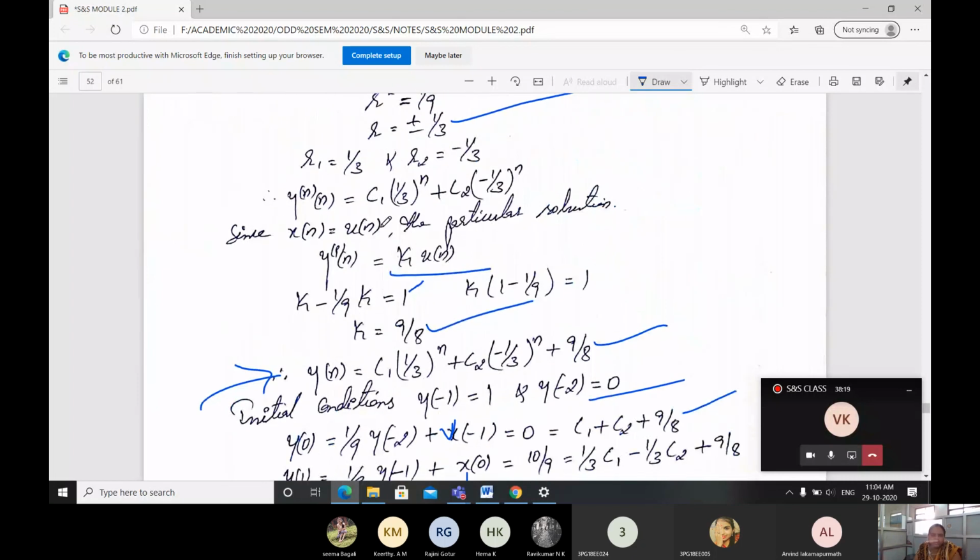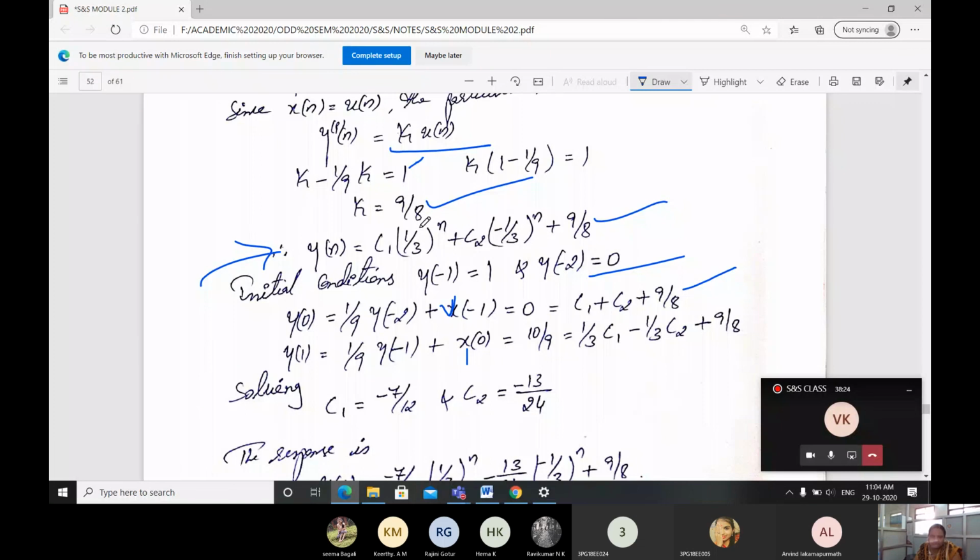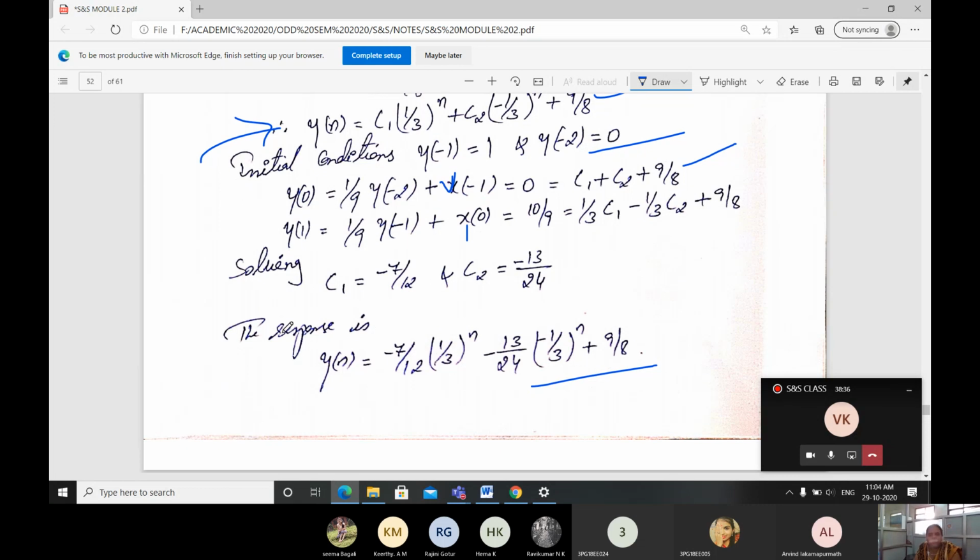Then find the natural response and the complete response, then substitute n as 0 and 1, find the C1 and C2 values, and substitute in y(n) to get the equation.